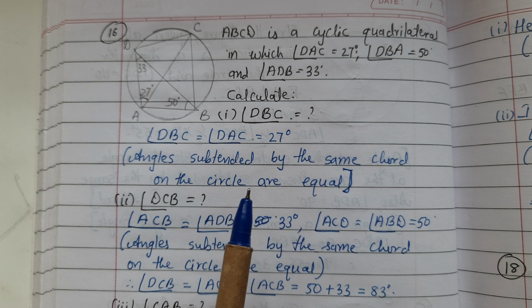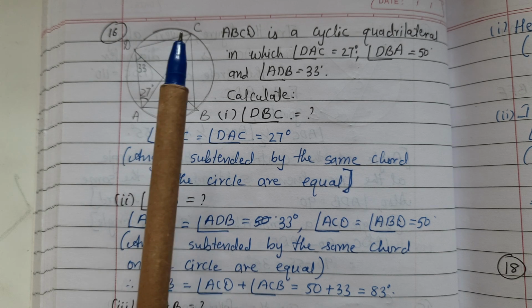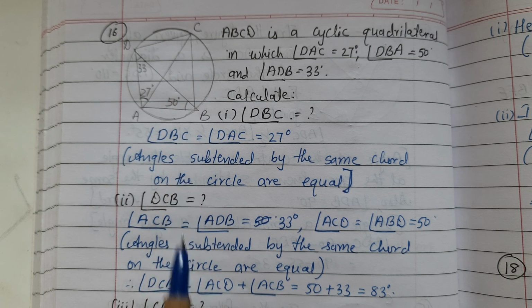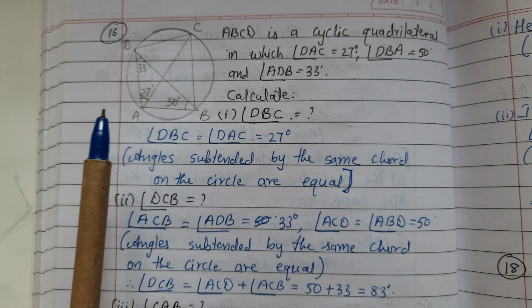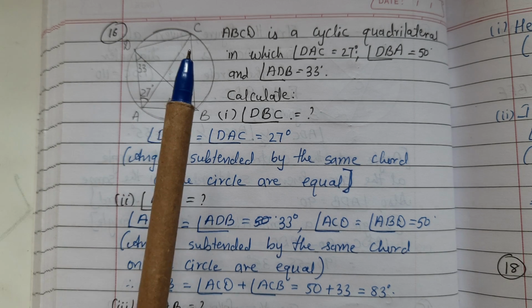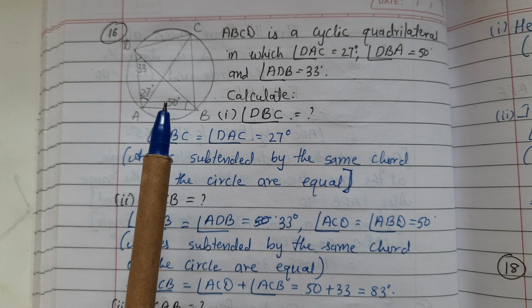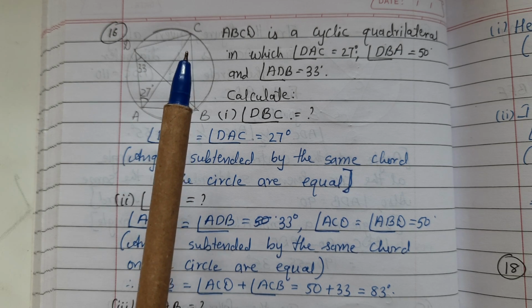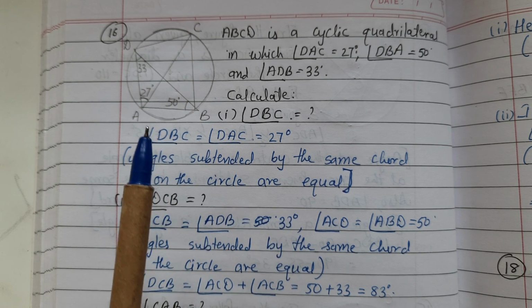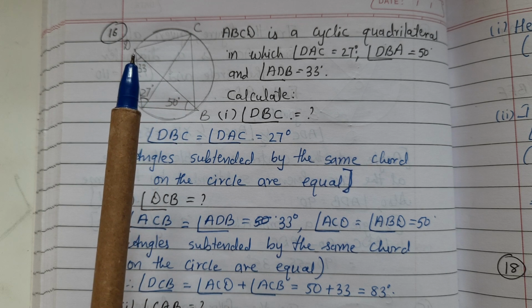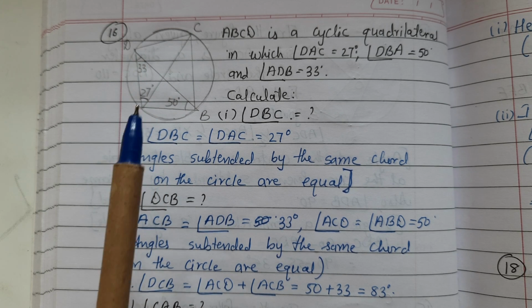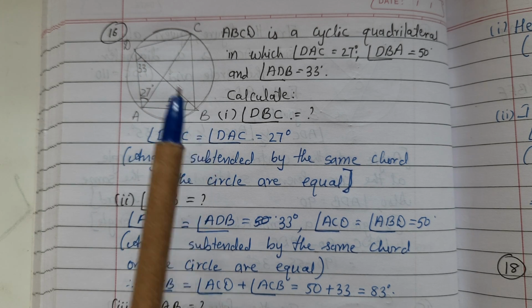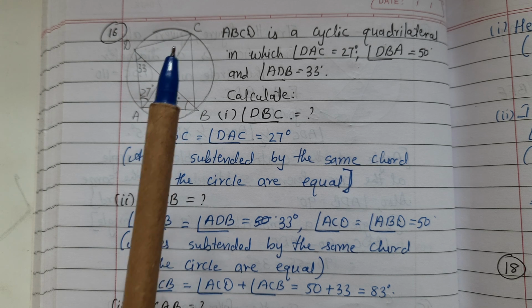Second part, find angle DCB. Angle ACB is also equal to ADB, 33 degrees. Angle ACD is also equal to angle ABD, 50 degree.